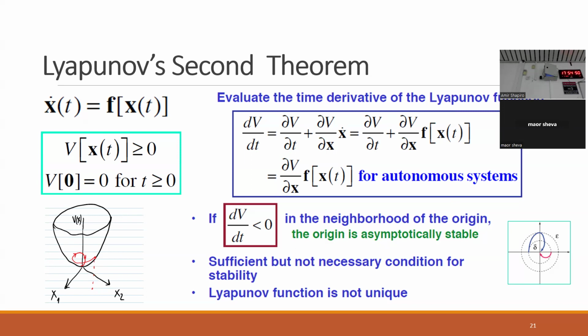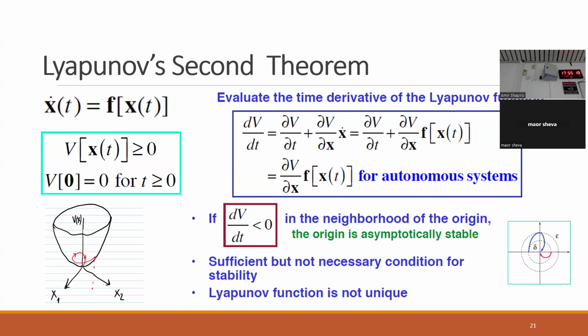So the derivative of V with respect to t is, if V depends on t, then we have dV/dt. Usually we do not have. But it is dV/dx times x dot, dx/dt. And x dot is simply f of x.